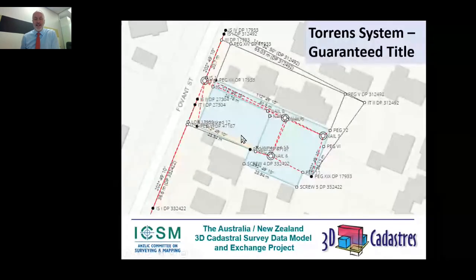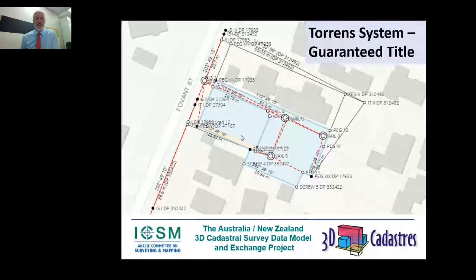So one of the things about our systems, we all operate the Torrens title system of guaranteed titles. And what that means is that the boundaries normally for most primary rights, freehold rights, are defined by pegs in the ground, monuments, marks, and then the survey information we receive, typically in the form of plans, records those dimensions and those marks and the boundary information, the parcel information in the cadastre.